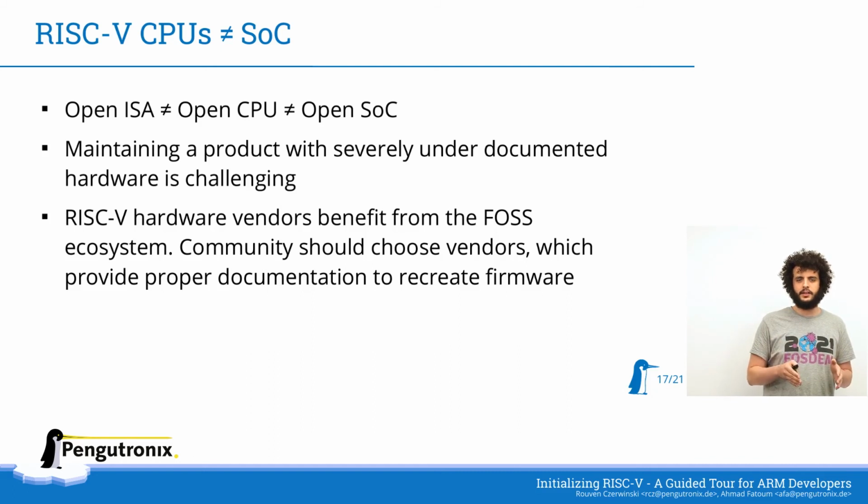These RISC-V hardware vendors benefit very much from the free and open source software ecosystem that has sprawled around RISC-V. Some of them take active part in this, and these should be rewarded. But the ones that don't provide documentation, for example, to recreate the firmware, you should probably stay clear of those, because they might not be worth the time or the investment if you try to build products using this.